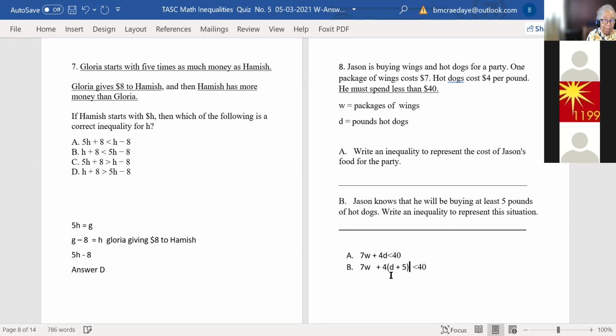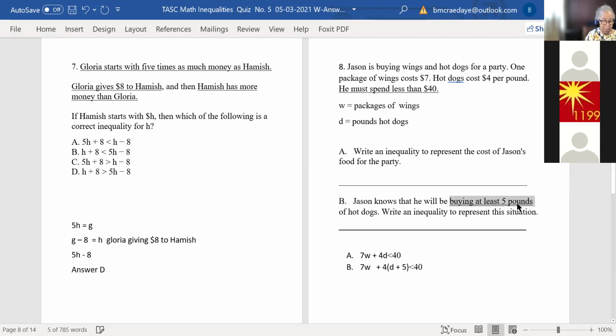At least 5 pounds, right? So the 5, and then that's added to the pounds of hot dogs. So 5 plus whatever this is going to be, at least 5 pounds. That would be your answer to B: $7 for the package of wings, plus 4 times the hot dogs, plus 5 pounds, because it says buying at least 5 pounds.